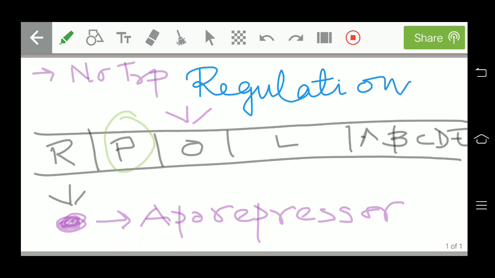The RNA polymerase does not feel any obstruction, and it can move through the operon, through the DNA, and the mRNA is produced. So if there is no tryptophan, the aporepressor remains inactive and will not bind with the operator, and hence RNA polymerase can move through the DNA and produce its corresponding mRNA.